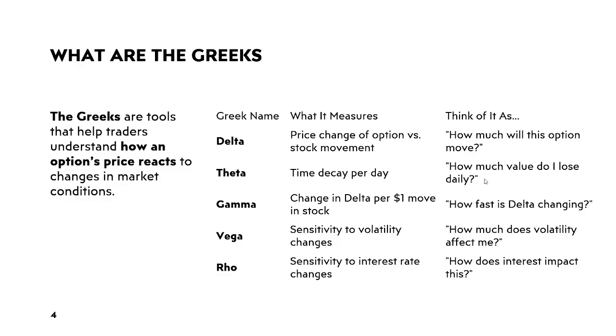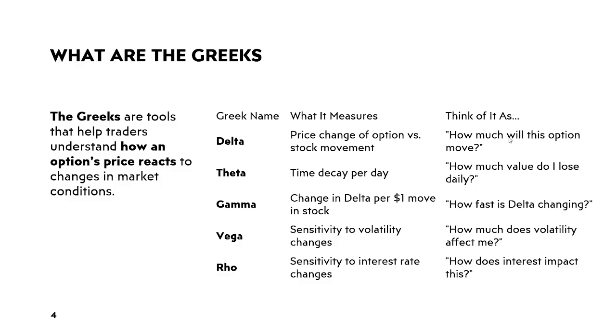And you can see that here. Like theta, especially me and A-Main who trade daily contracts, you always hear us talk about theta decay, right? Theta decay is how much value I lose daily, and for a daily contract, it is always the price that you pay. That is the maximum theta.